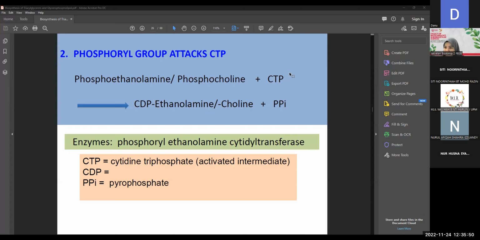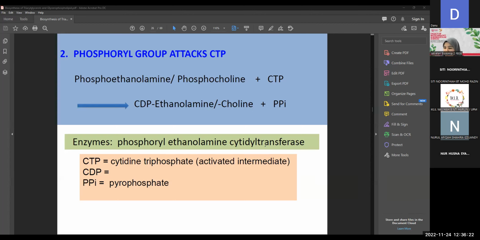Instead of ATP, it attacks CTP, displacing and removing one pyrophosphate, to form CDP-ethanolamine or CDP-choline. The enzyme that catalyzes this reaction is phosphoethanolamine or phosphocholine cytidylyltransferase.